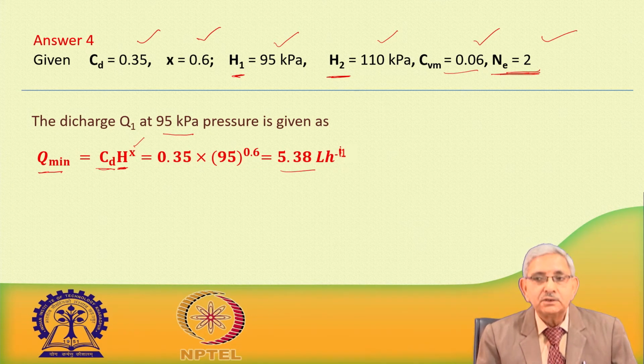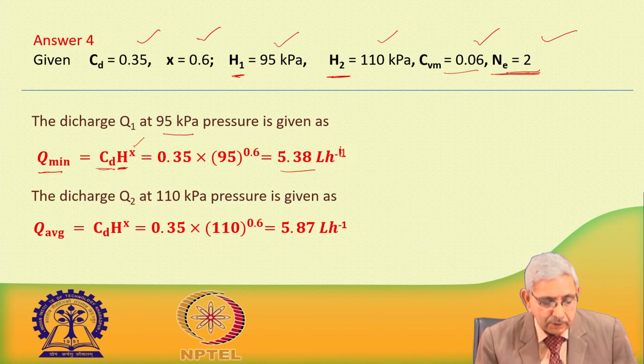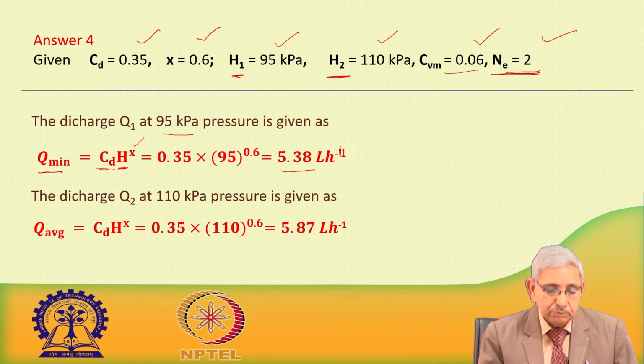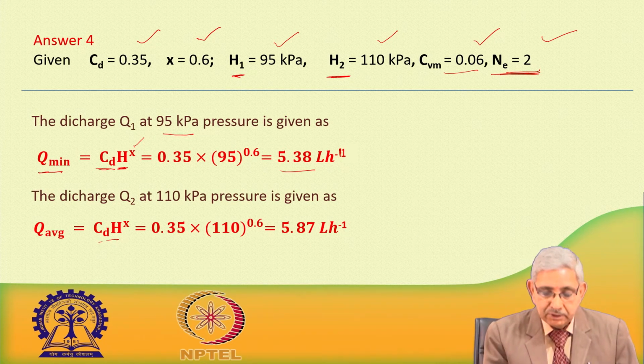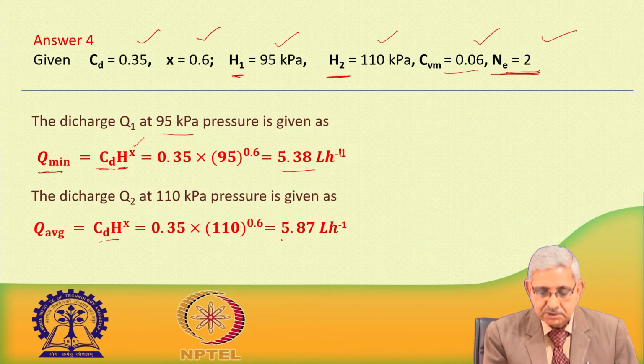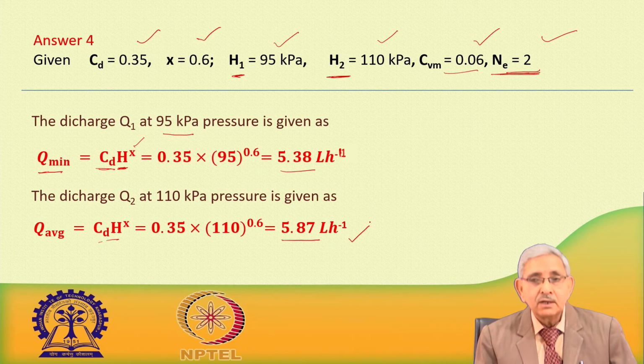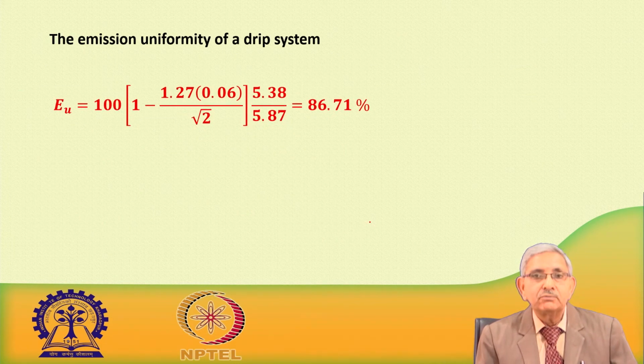This is the minimum discharge. Then for the average pressure, that is Q2, we can find it by using these values in this equation, which is a simple thing, and we get 5.87 liter per hour. So, these values we will be substituting in the emission uniformity formula.